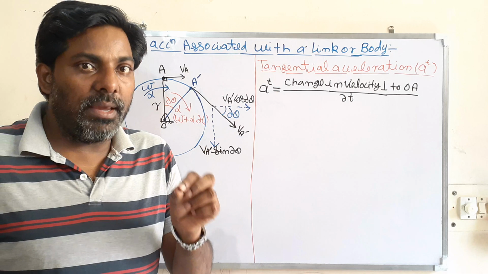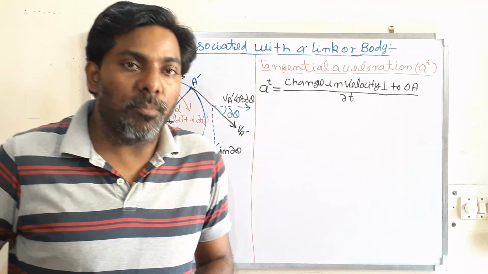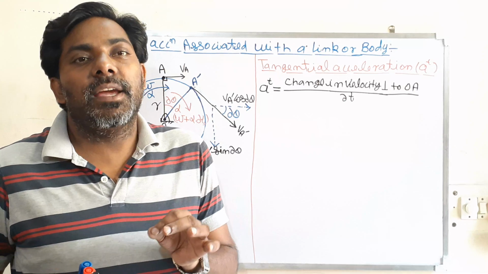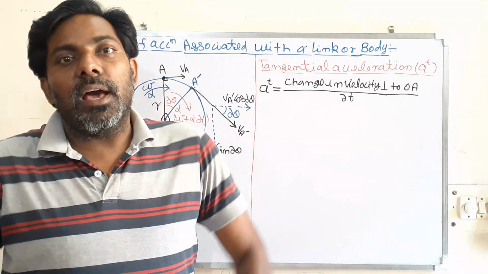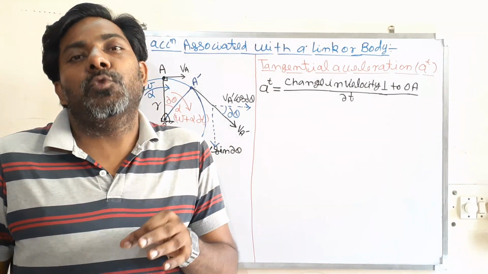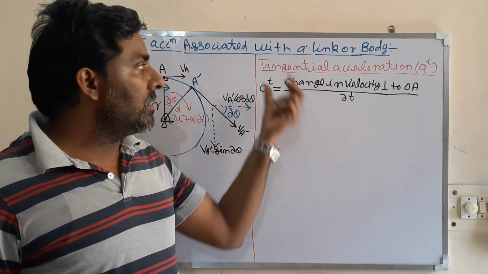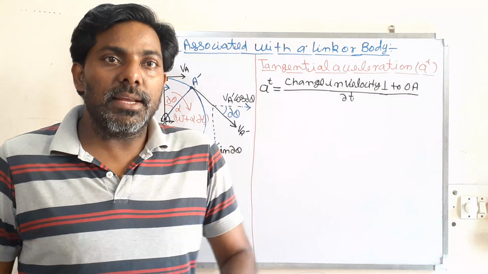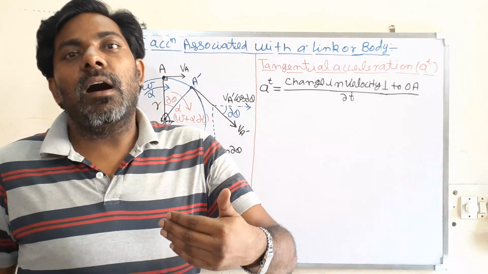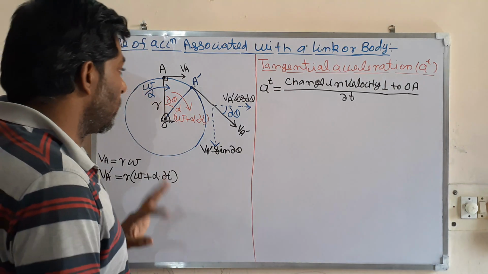If the velocity of any link or body is changing with time in both magnitude and direction, then that body or link will be subjected to two kinds of acceleration. What are the two kinds of acceleration? Tangential acceleration and centripetal or radial acceleration. So two kinds of acceleration are associated.